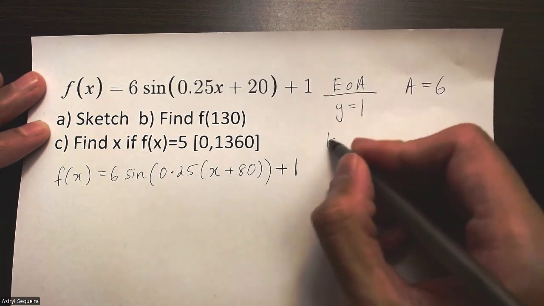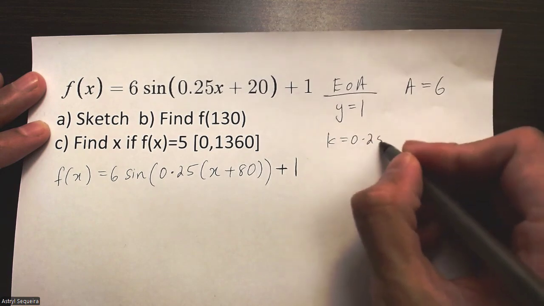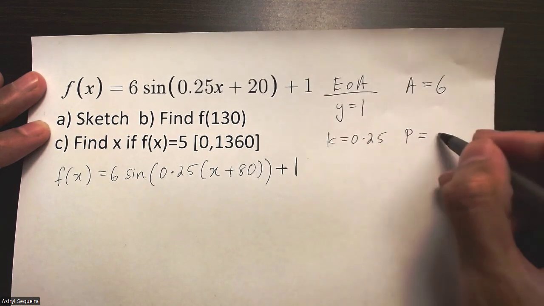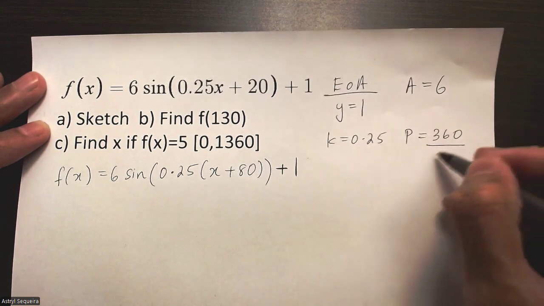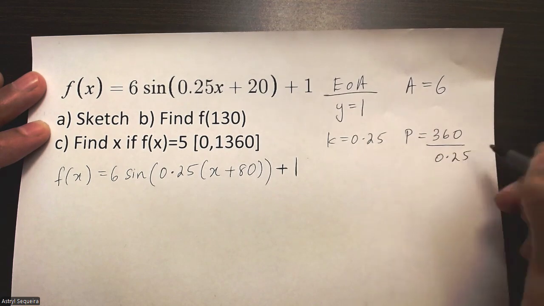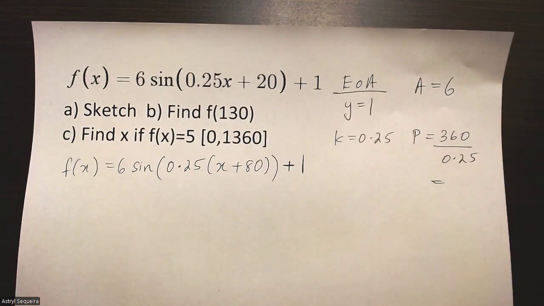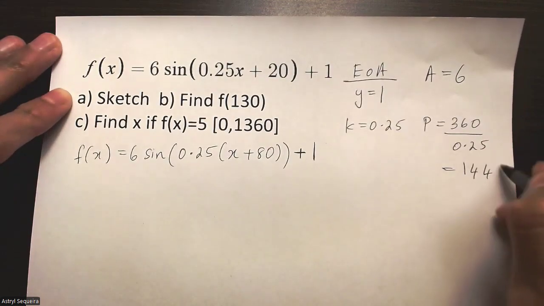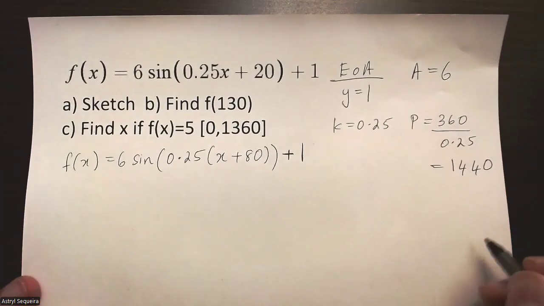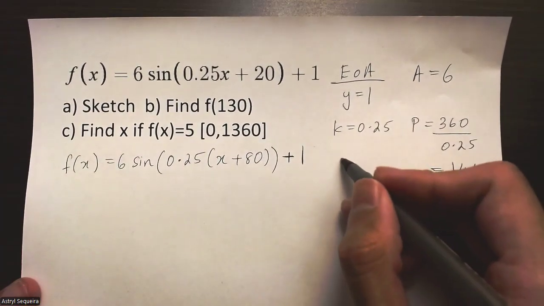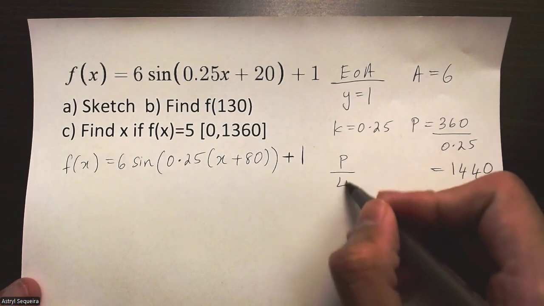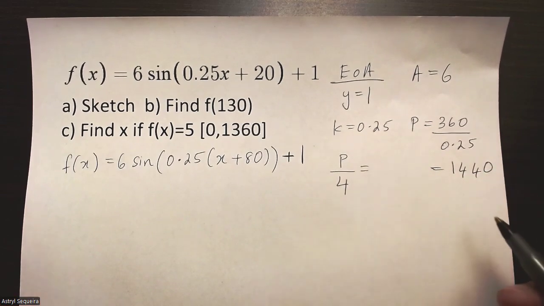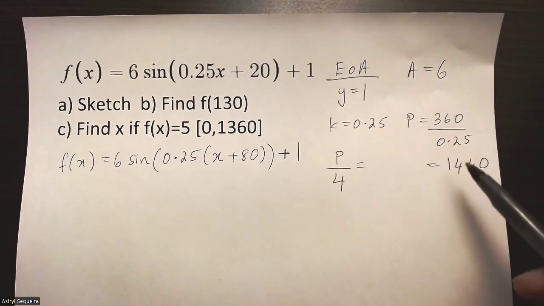My k value is 0.25, so my period is 360 divided by k, which is just 1,440. And then I'll find the period over 4 so that I know how to sketch the graph and go from one point to the next.